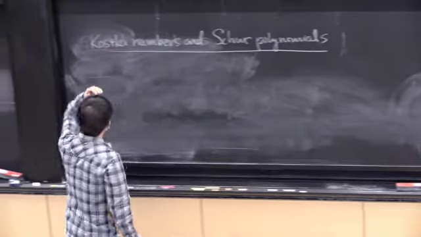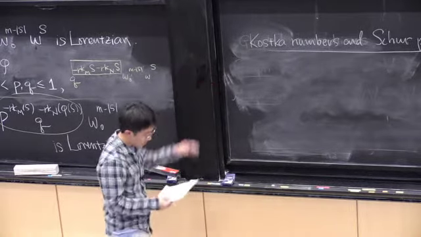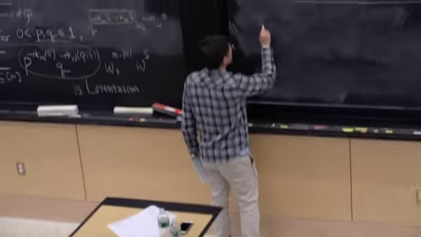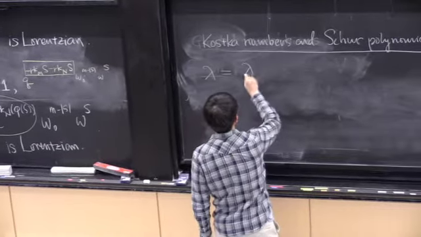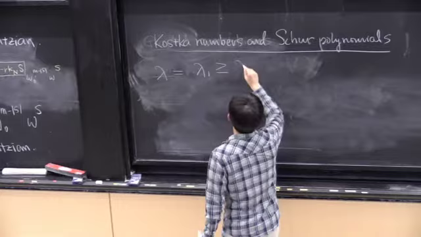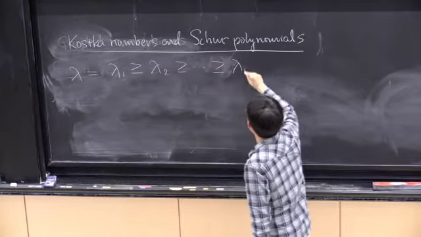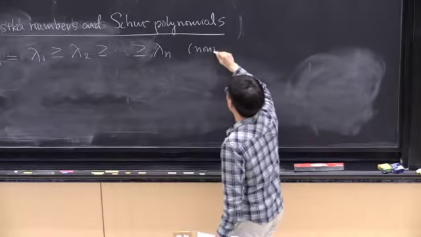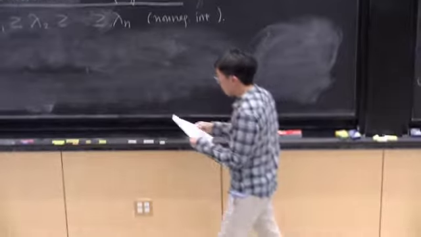So these are super classical concepts defined sometime in the late 19th century. Let me remind you. So it starts from a partition. So let's say I have a sequence of non-negative integers, maybe n of them. A partition.